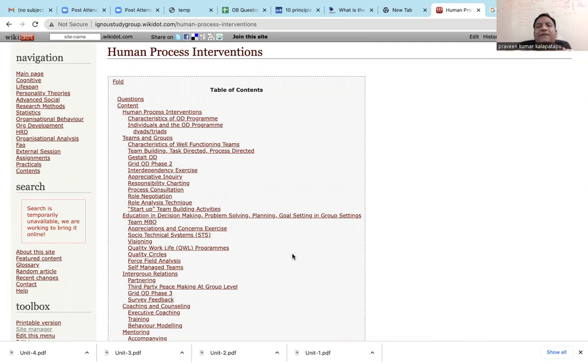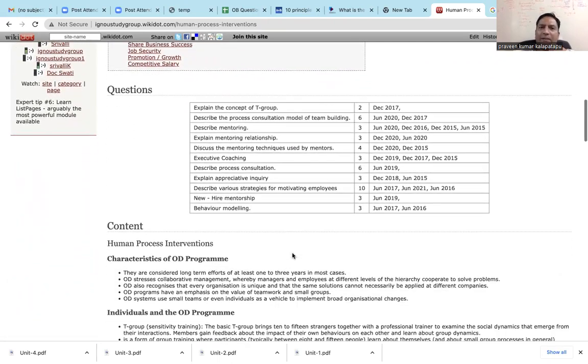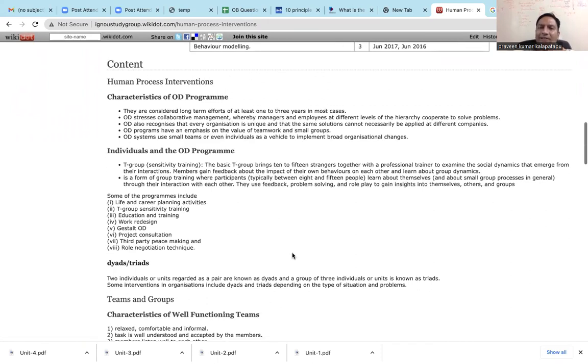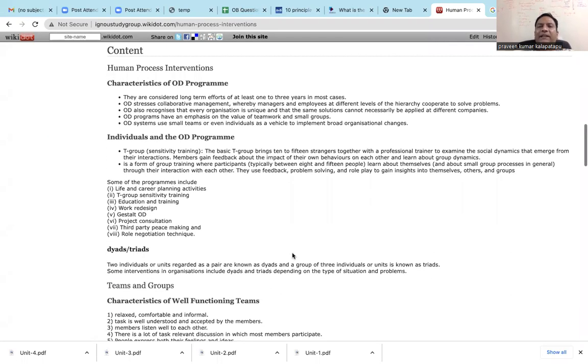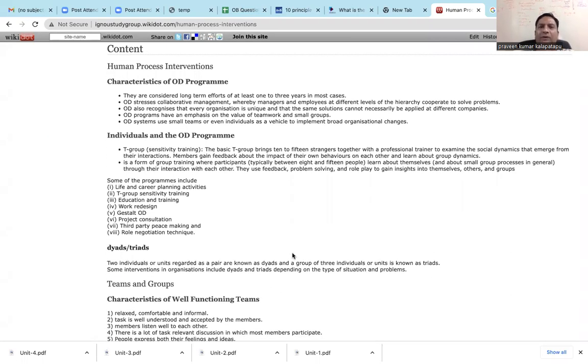It starts with characteristics of OD program, which I'm not going to explain because we already went through it when we talked about unit 1 and unit 2. But still, on a very high level, what is an OD program? It stresses collaborative management. It encompasses the entire organization.